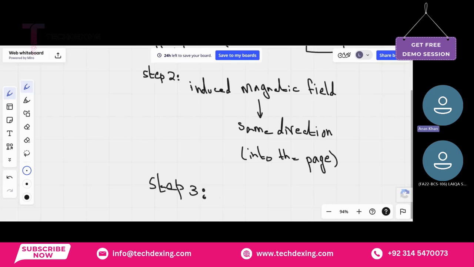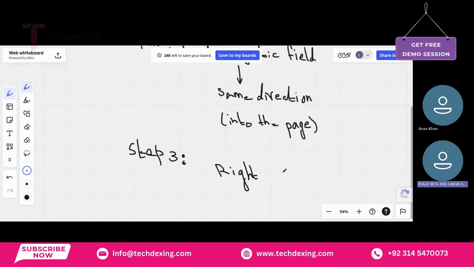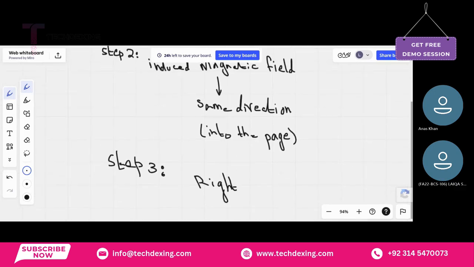It's the right hand rule. You simply point your thumb in the direction of the magnetic field, and the curl of your fingers will give you the direction of the electric current.